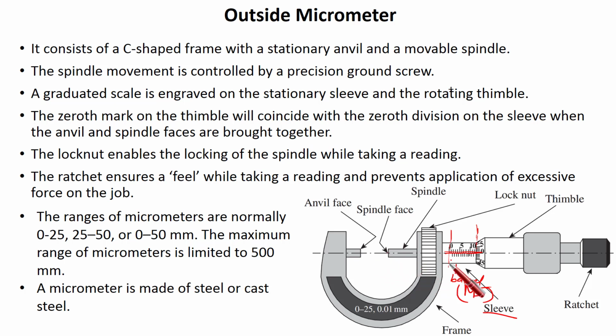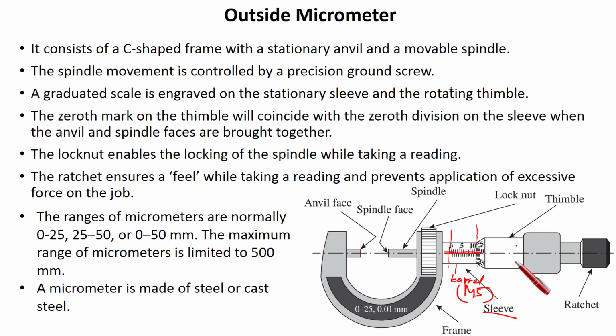Once we confirm that both are coinciding, that means this vertical line of the thimble will coincide with the zero of the main scale, and this zero of the thimble will coincide with the axis of the main scale. In that case, we consider that it is zero position. Once this is confirmed, we place the object in between the anvil and the spindle, and we do the measurement. Okay.